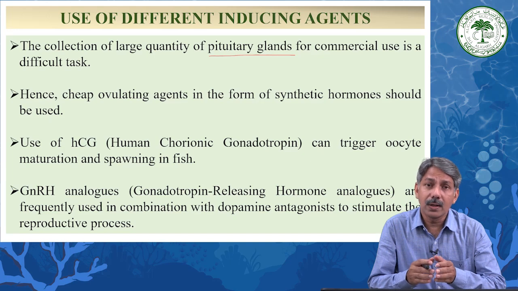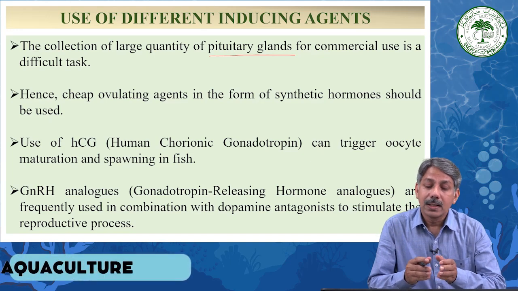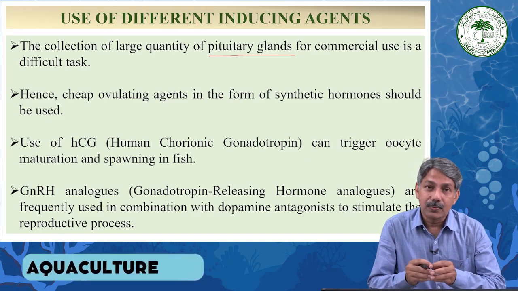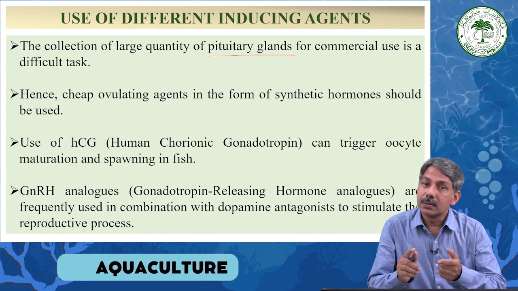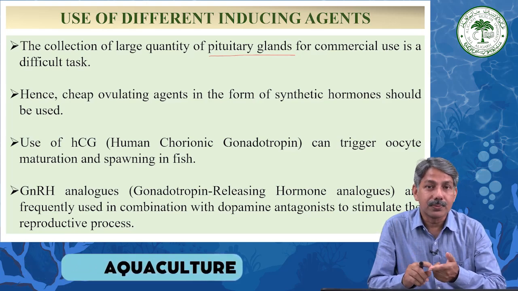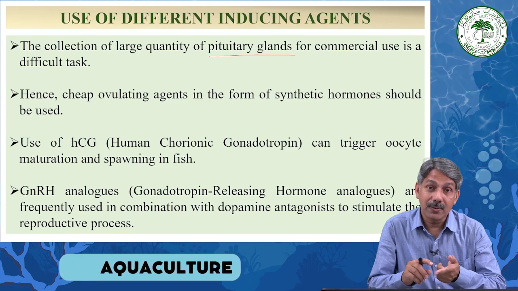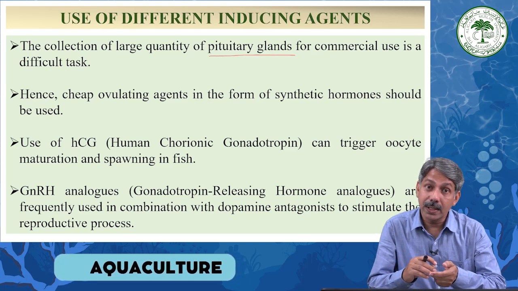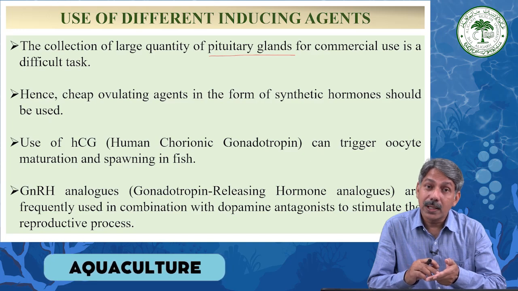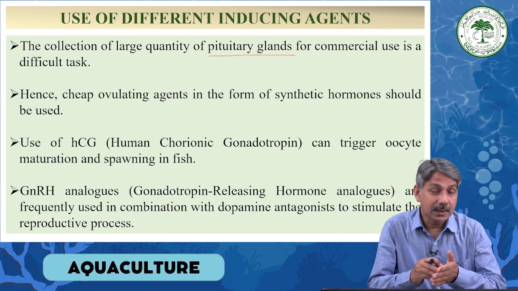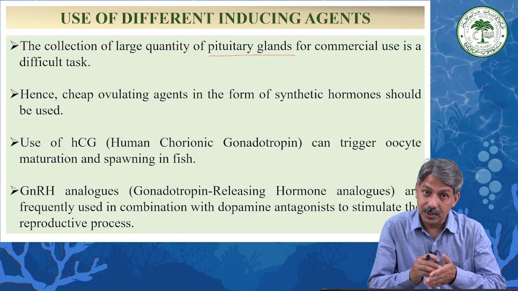So, in all circumstances, when you are using pituitary gland for induced breeding of fish, you are going to kill a large number of mature fish which could have been taken for fish breeding, and you also have to make efforts regarding its fresh use or preservation.